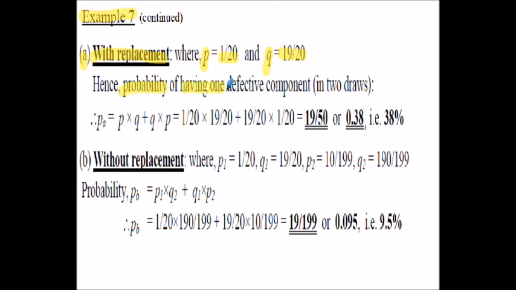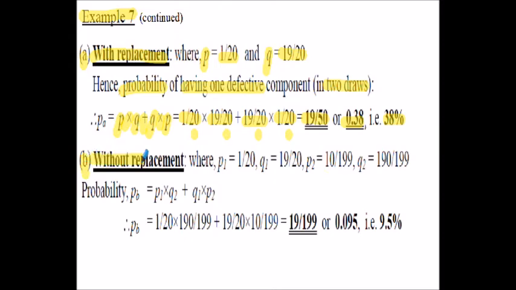So the probability of having one defective component in our 2 draws is given by P times Q plus Q times P. In other words, we could draw a defective component on the first draw and a satisfactory component on the second draw, or we could draw a satisfactory component on the first draw and a defective component on the second draw. Notice in each case it's always out of 20 because this is with replacement. Doing the numbers on this, we get 19 upon 50 as a probability, or 0.38 or 38%.